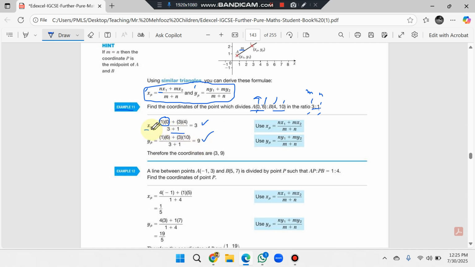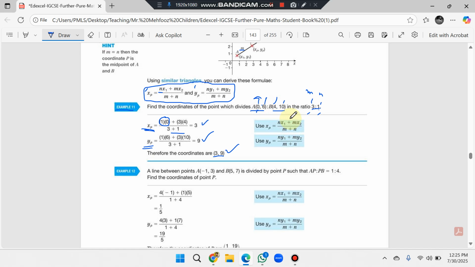So this is your x coordinate and this is your y coordinate. Therefore the coordinates are (3, 9), which cuts the line joining (0, 6) and (12, 10).